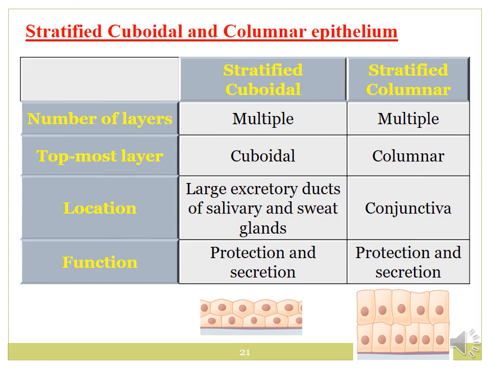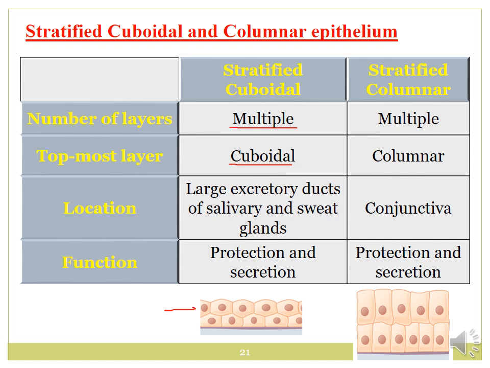And now we'll talk about stratified cuboidal and columnar epithelium. These are less common than the other types. The stratified cuboidal, of course, has multiple layers. The topmost layer is formed of cuboidal cells, as you can see here.